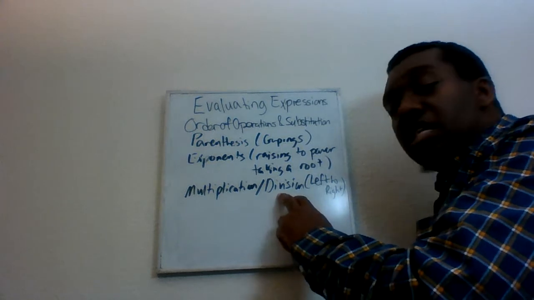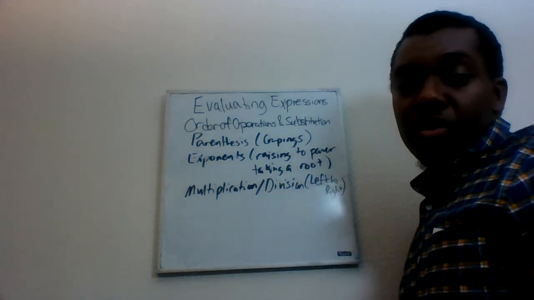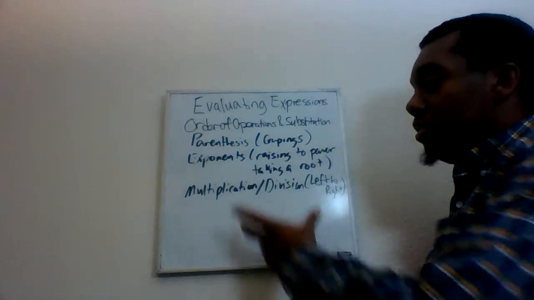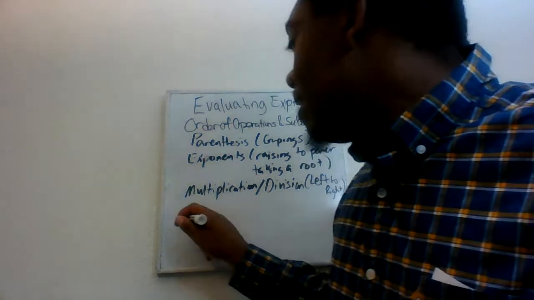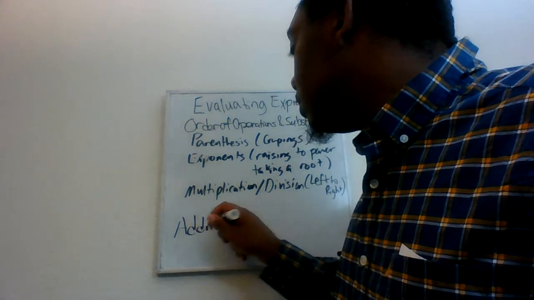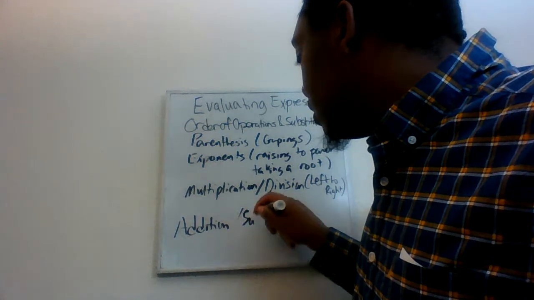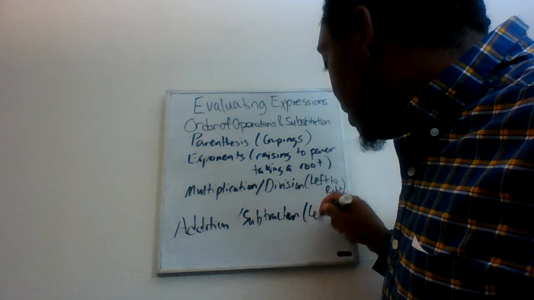Division is just the inverse of multiplication, so generally that will not matter. That's why these two are grouped together. Last but not least, we have addition, subtraction, as it appears from left to right.